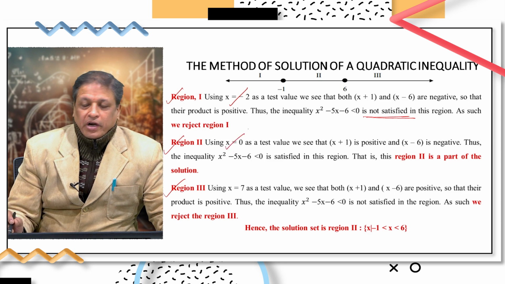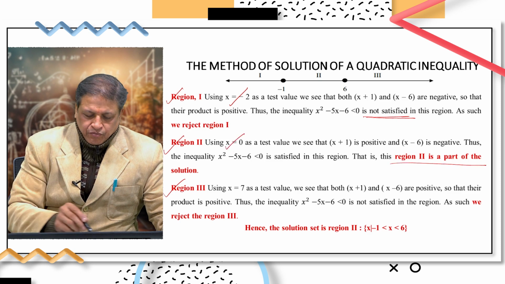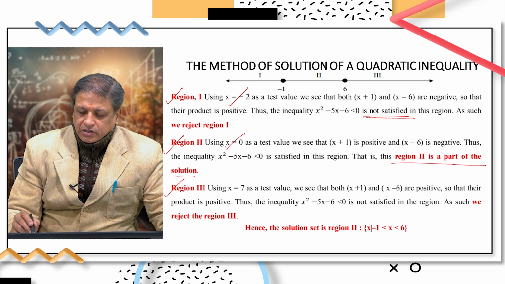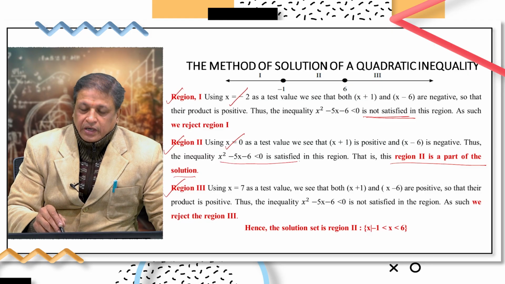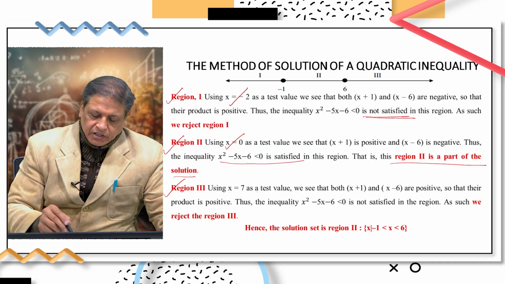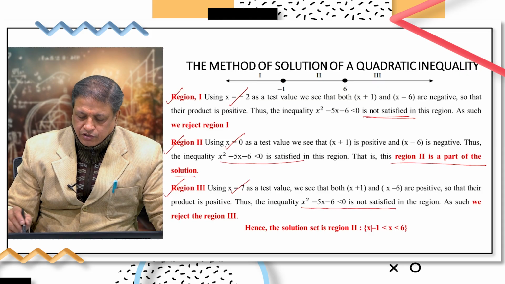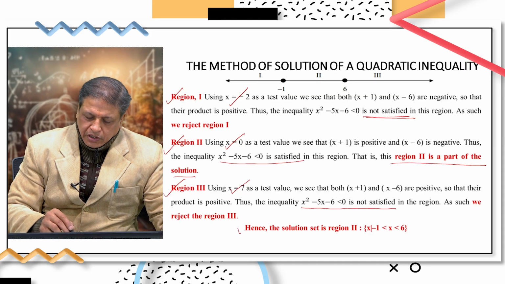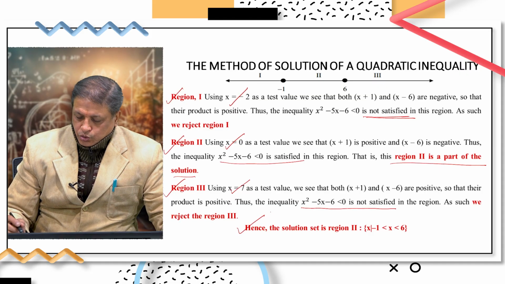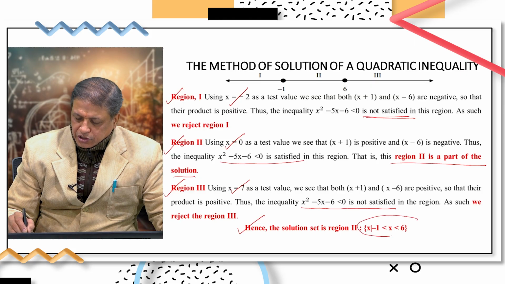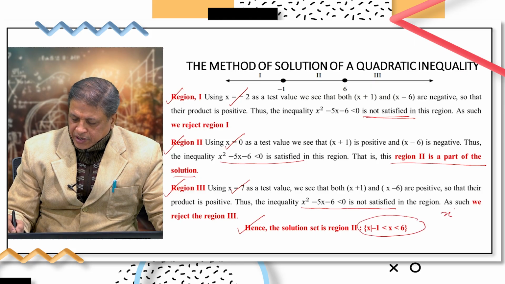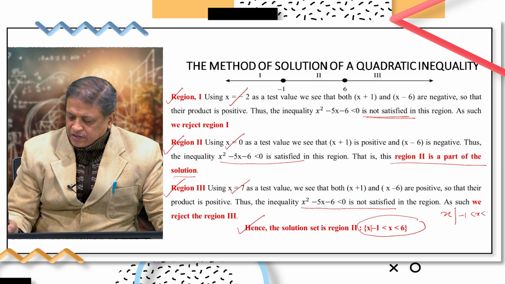Thereafter, we used the point x equal to 0, and we find that region 2 is the solution set because over here the inequality is satisfied. In region 3, by substituting x equal to 7, we find that again the inequality is not satisfied. So the solution is only represented by region 2, and we can represent the solution set as x, wherein the value of x lies in the region minus 1 to 6.